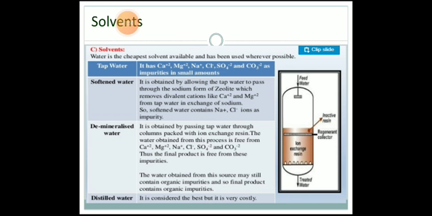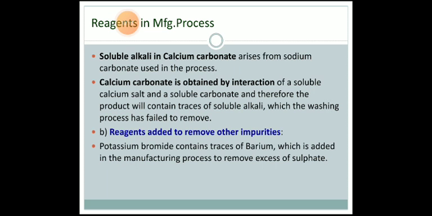Demineralized water is prepared by passing tap water through a column packed with ion exchange resin. Then distilled water is considered the best, but it is very costly. Reagents in the manufacturing process, like soluble alkali in calcium carbonate, arise from sodium carbonate.